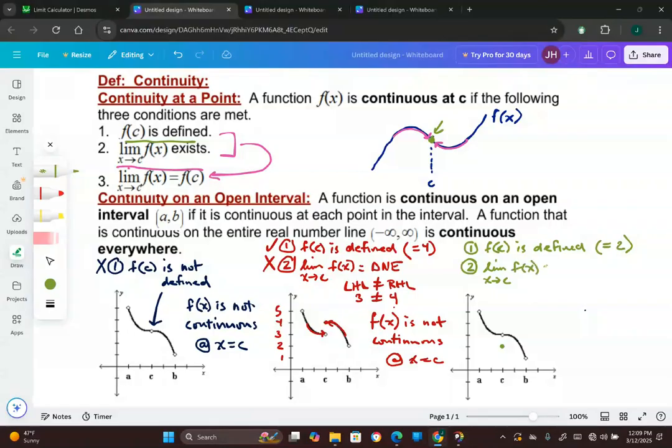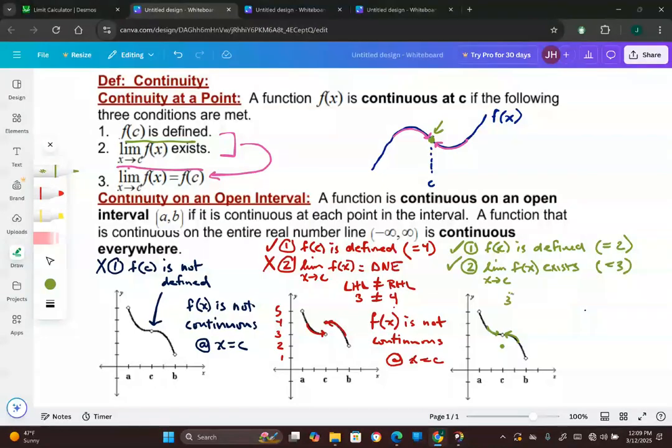Well, it exists. Why? If you look at the graph, it approaches from the left the same thing that it approaches from the right. It looks to me like both sides approach 3. The limit is 3. So it passes the second test or condition.